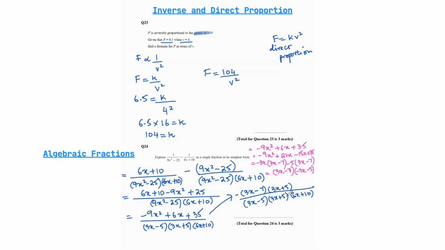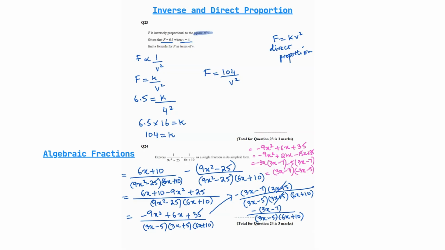We can see that there's a 3x plus 5 in the numerator and denominator, so we cancel those out, and then we're just left with negative 3x minus 7 over 3x minus 5 times 6x plus 10. This is your simplified fraction, a single fraction.